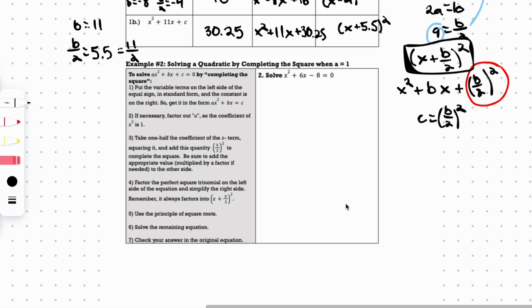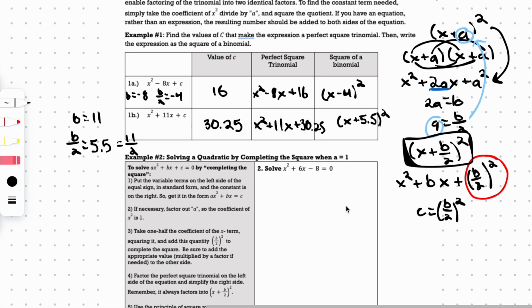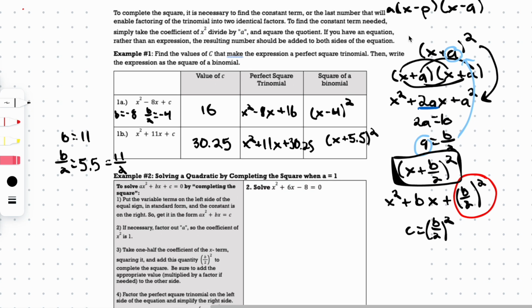Now let's move on to example 2, solving a quadratic by completing the square. Essentially, I just taught you how we derived this x plus b over 2 squared in standard form. If you're confused on this part, I'd go back in the video and watch that, because it's very important.